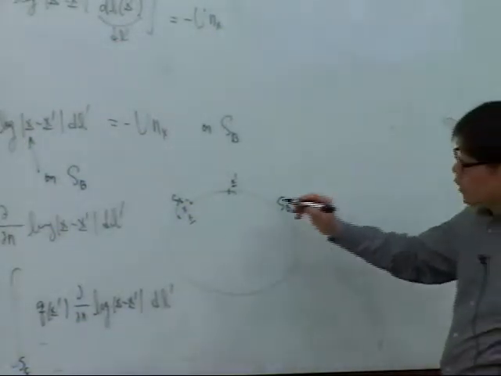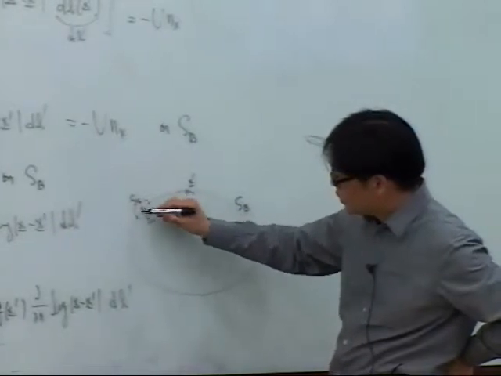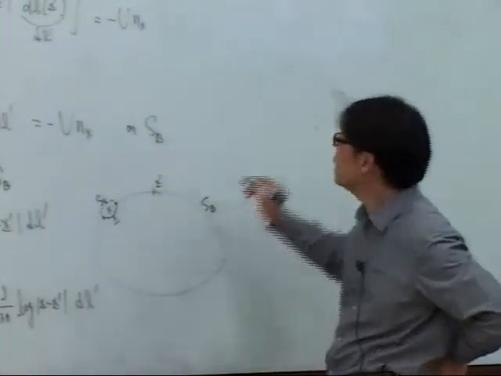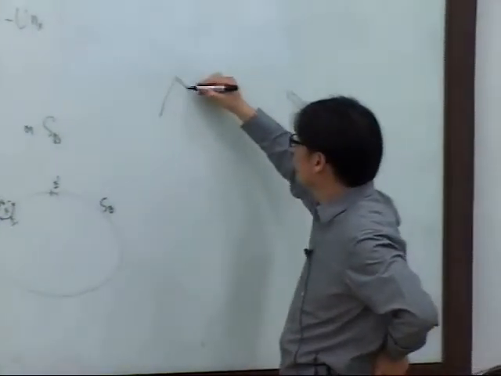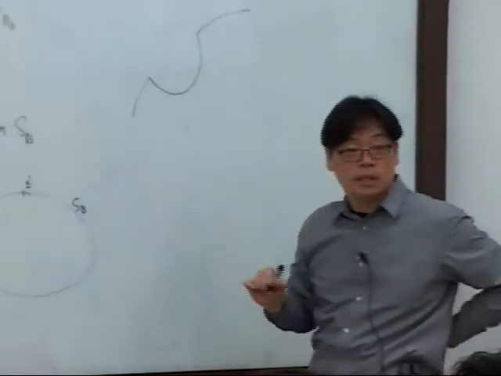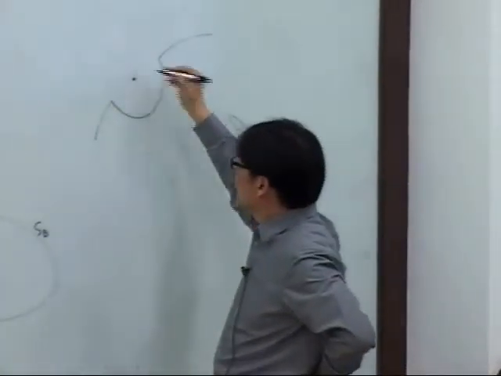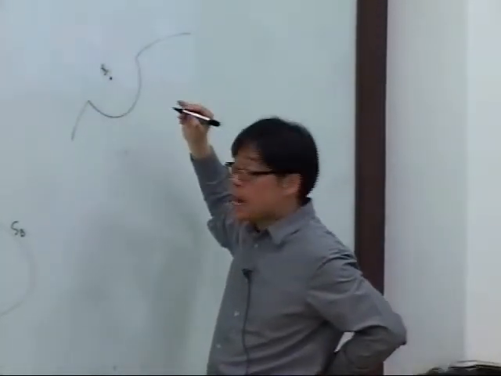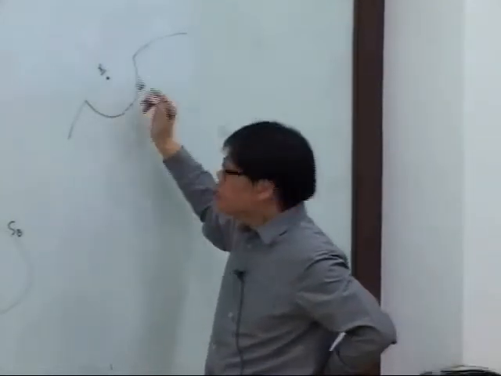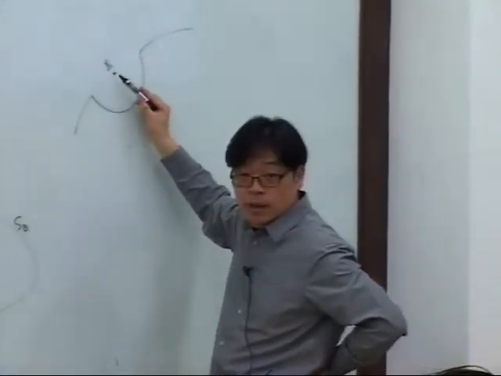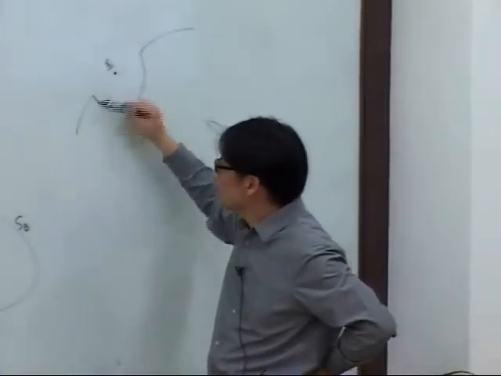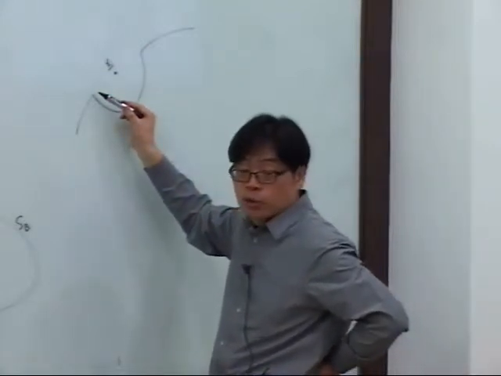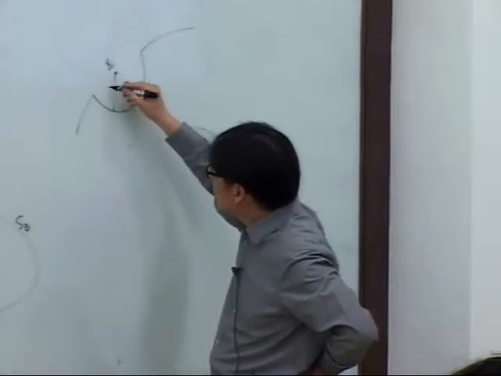So to do that, what I do is I deform the integration path like this. So what you're looking at is, if I zoomed in like this, and I use a local coordinate. So this is x. X prime is everywhere else. I cannot integrate through this x, because then the integral blows up and doesn't exist. So what I do is I make a little detour, whose radius is epsilon.